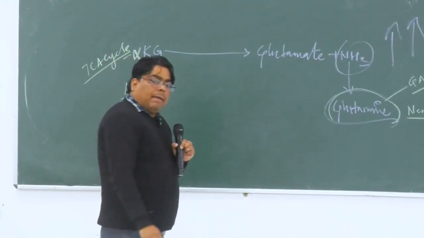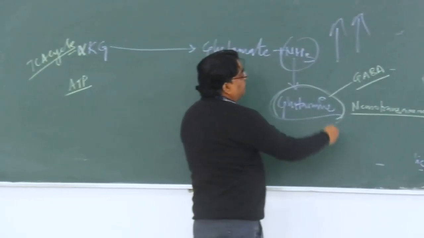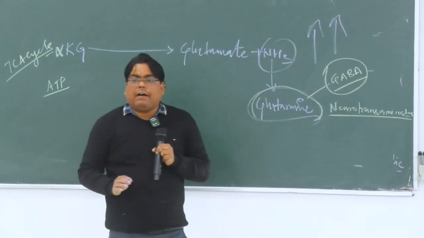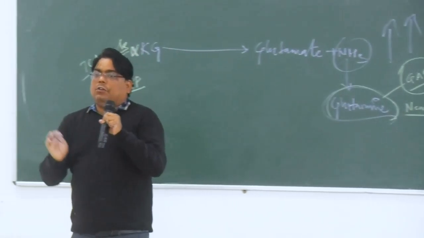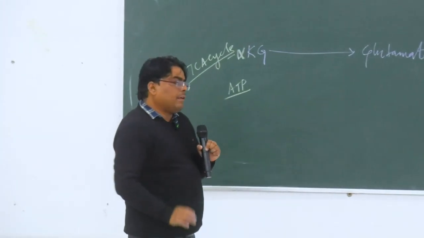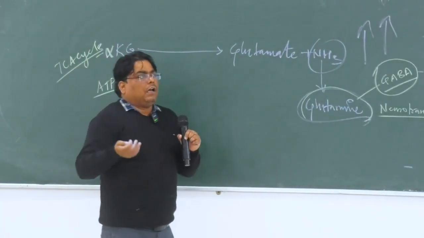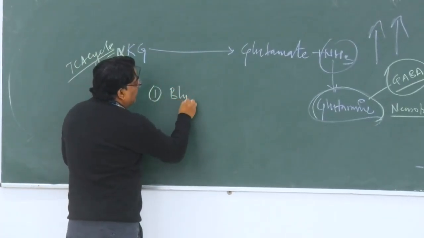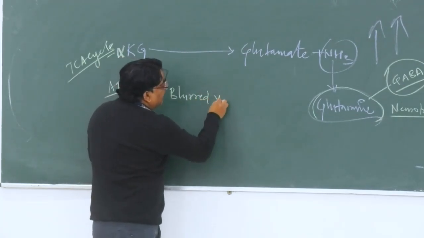Gamma aminobutyric acid, if it is formed in excess amount, disorients the function of GABA, and due to this, neurological symptoms arise. The patient first feels blurred vision.